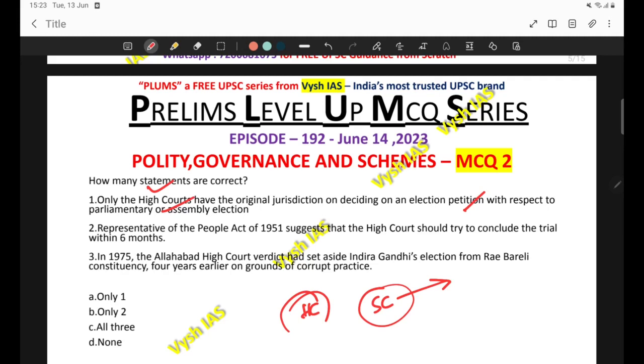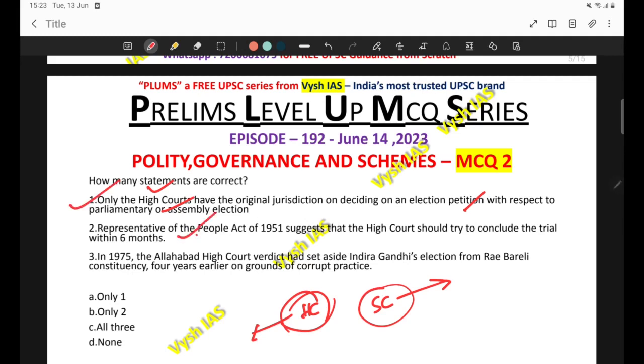Both of these have a role in their respective domains with respect to election petitions. So you have to revise which election petitions the Supreme Court takes up, and which ones the High Court looks into. So this statement is correct.